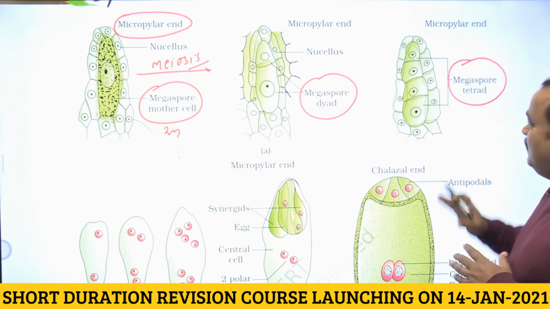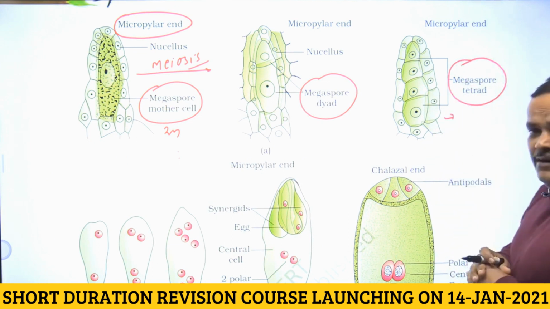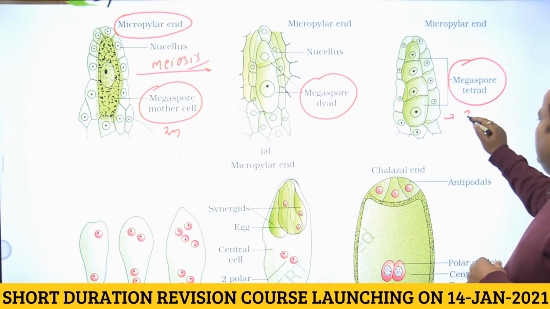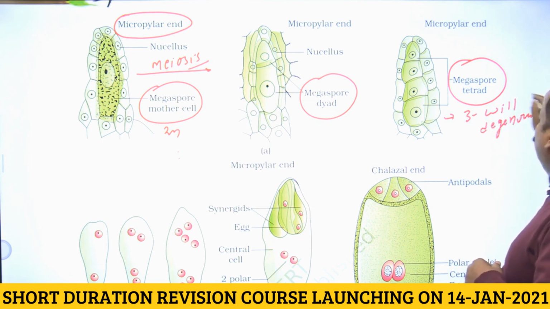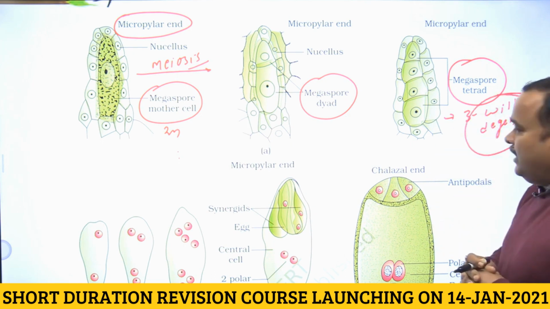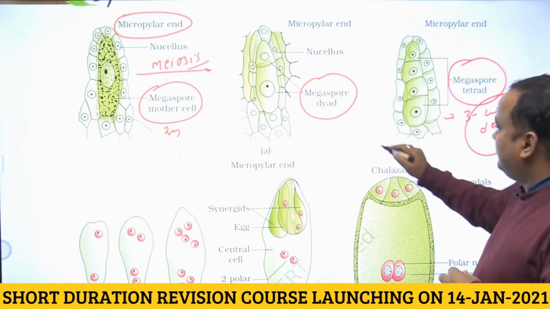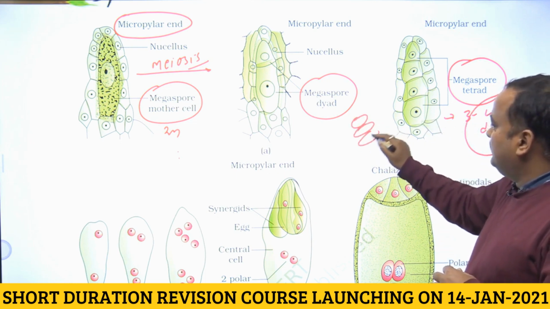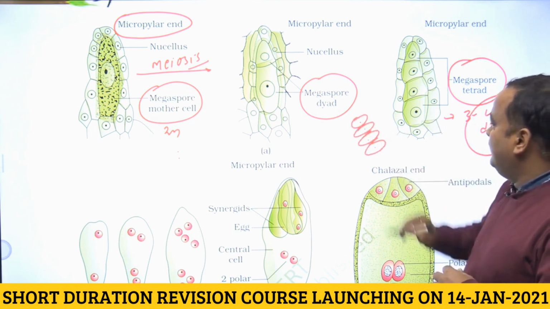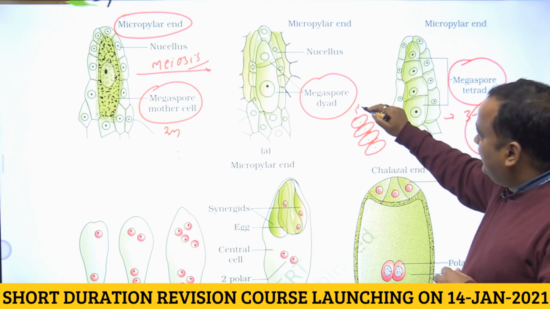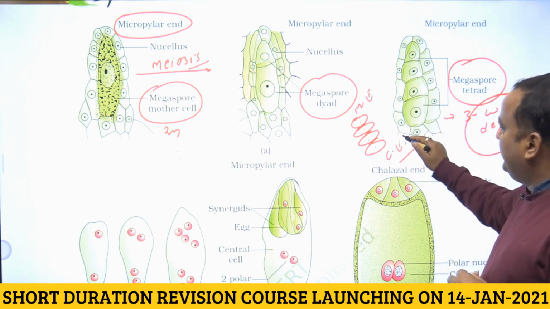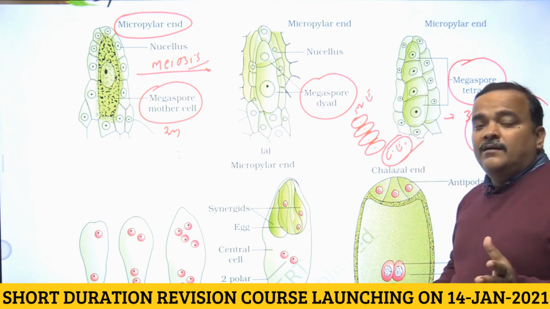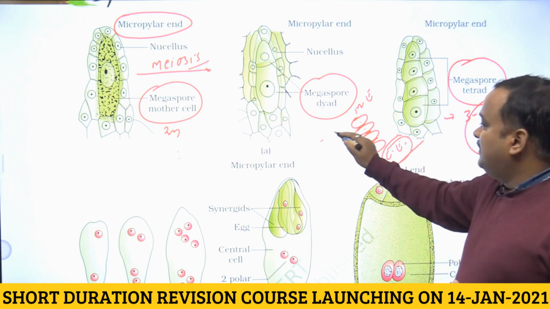Now, out of these four megaspores, 3 will degenerate, and the one which is located towards the chalazal end remains functional. Suppose these are the 4 megaspores; this is the micropylar end, and this is the chalazal end. The one located towards the chalazal end remains functional, and these 3 will degenerate.